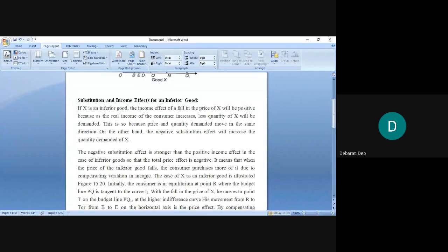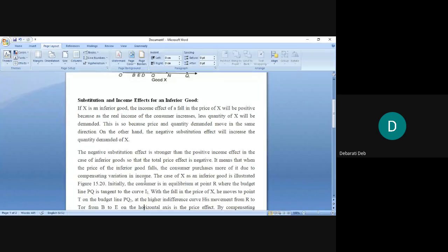Okay, and this is happening in case of inferior goods, in order to make the total price effect negative. Total price effect is inclusive of the substitution and income effect that we have already understood in case of a normal good: total price effect equals substitution effect plus income effect.